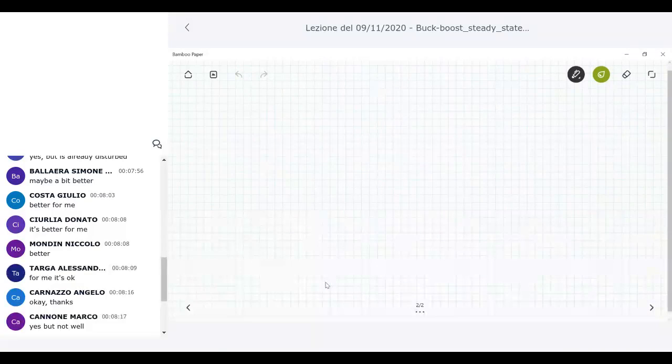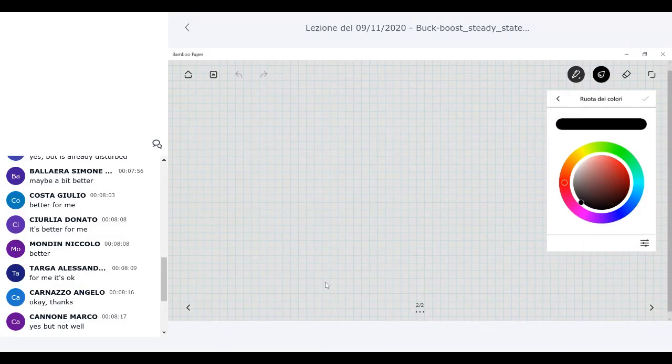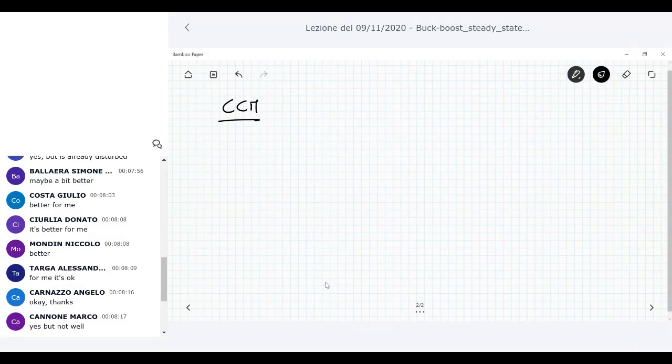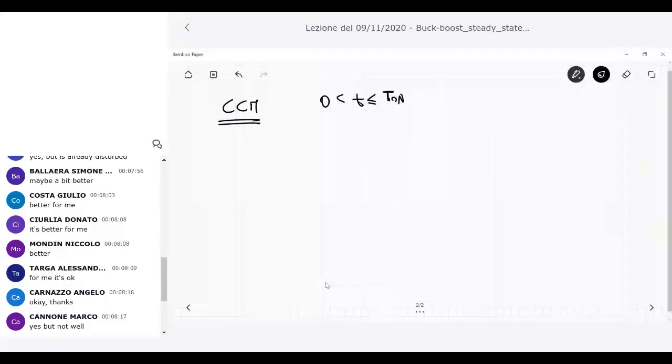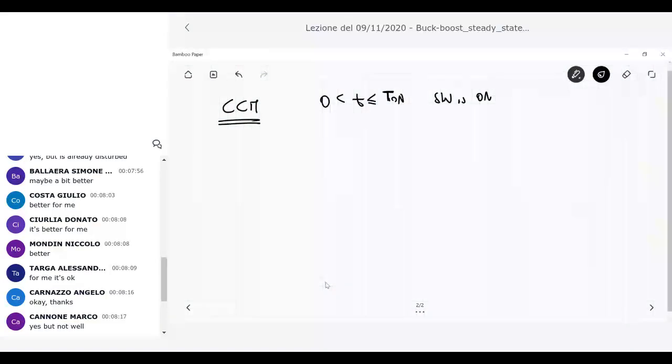So what happens in the standard operation? Let's start with the analysis of the continuous conduction mode, which, as you will now understand, is a situation in which the inductor current is always different from zero. Let's start with the time interval that ranges from 0 to T_on, in which the switch is closed, the switch is on.